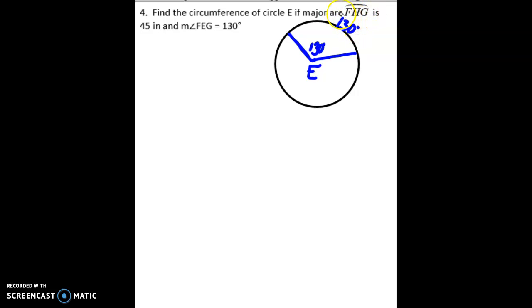When we use three letters and it says FHG, that means it's the major arc. So H is somewhere on the circle, maybe like over here. And so this is the major arc, and we know that the major arc is measuring 45 inches.